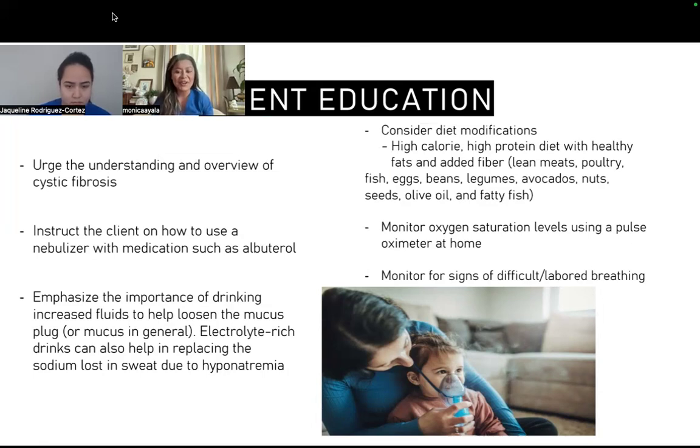You also want to monitor your client's oxygen saturation levels using a pulse oximeter at home. That's something that anyone can buy, even off of Amazon, and it's really handy. You also want to monitor signs of difficult, labored breathing in the client.